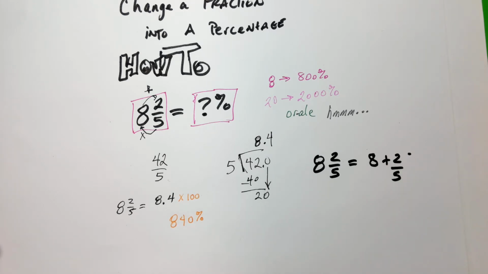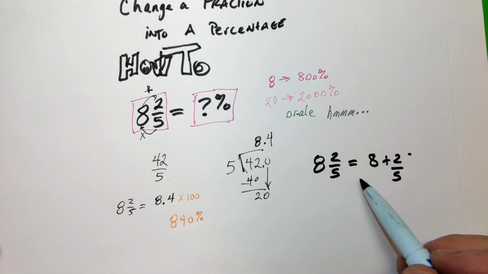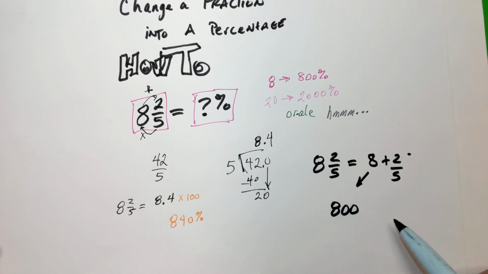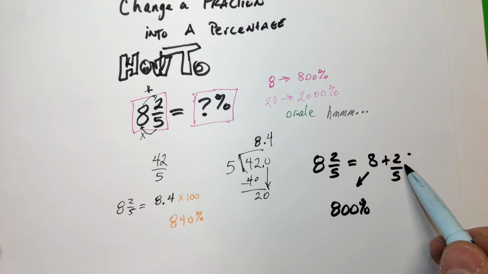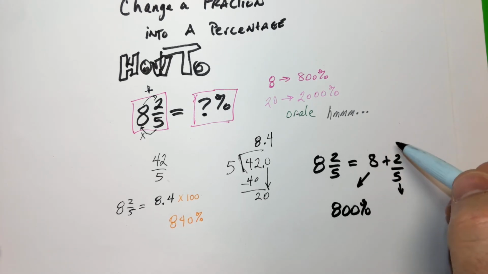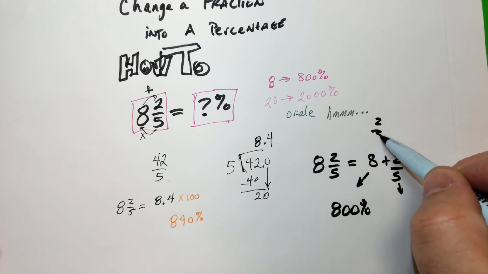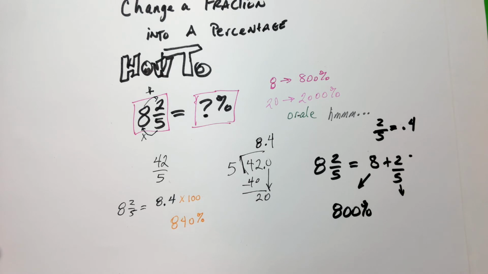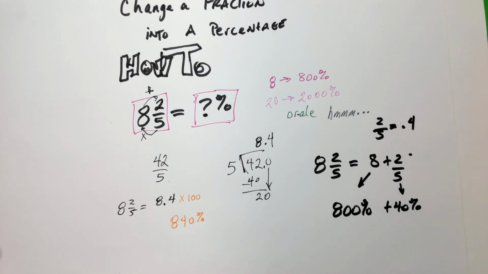So we know that that's 800%, right? And you could turn 2/5 into a decimal. Here, I'll do this on the side right here. 2/5 as a decimal is 0.4. So this would be 800 plus 40%. Because 2/5 is 0.4.